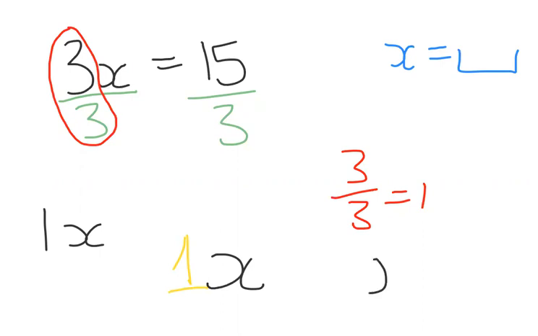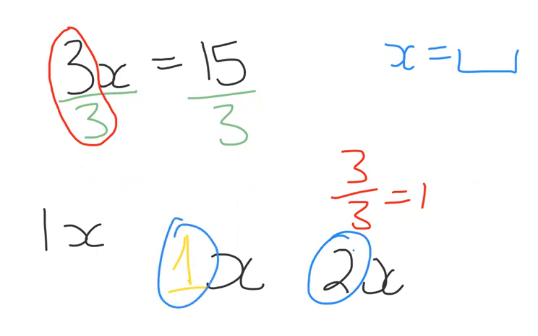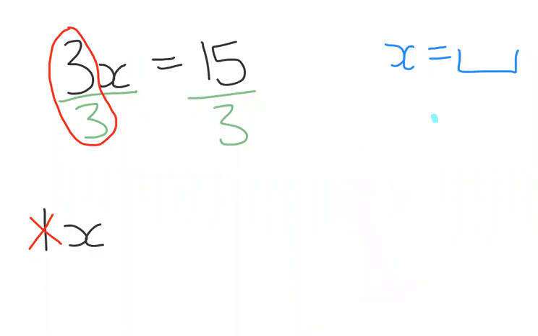If you have 2x, that means you've got 2 x's. But here it's just 1. So you don't need to write this 1 down if you only have an x. So in this case, we're going to remove this here, and we only have x. And on the right, we have 15 divided by 3. And that answer is 5.